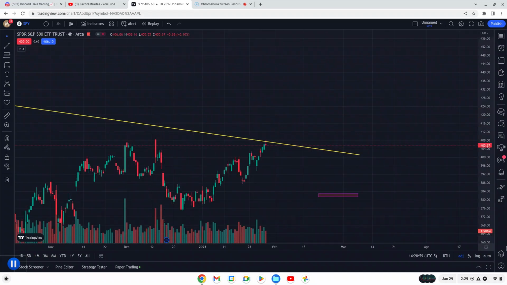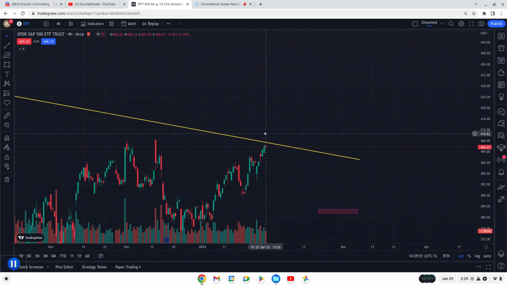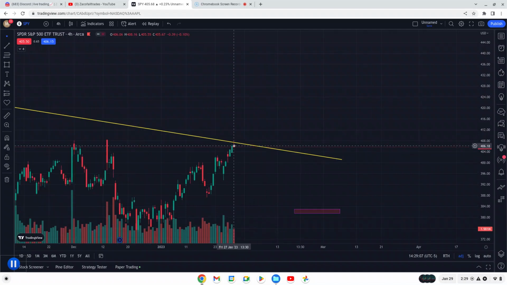You see right here, we pushed up to the line, and we got a wick off the top, a candle trying to close below support or come back somewhere and test support, either in this area or somewhere down here. Basically, that's how I look at it.